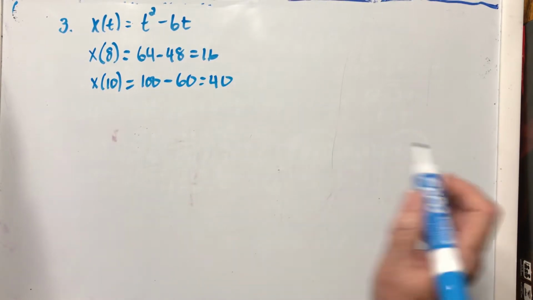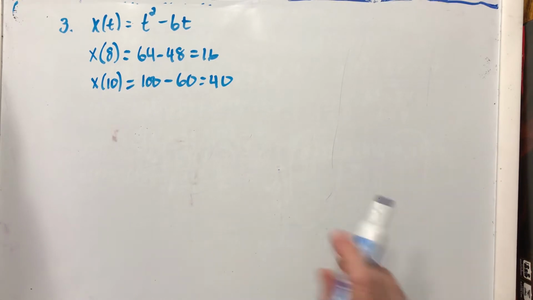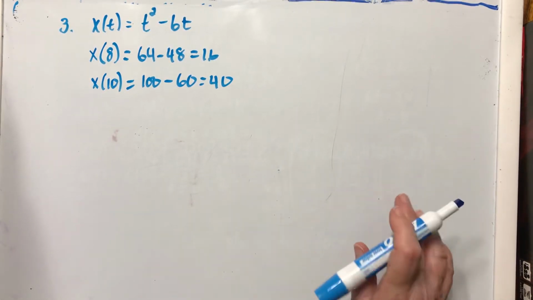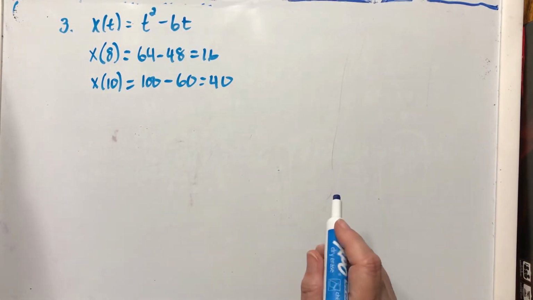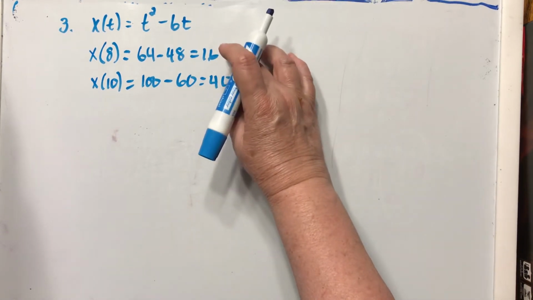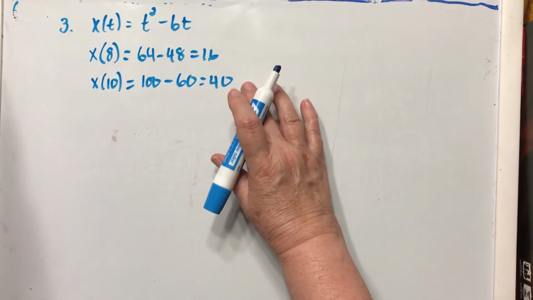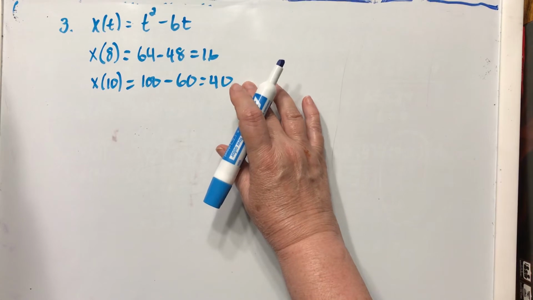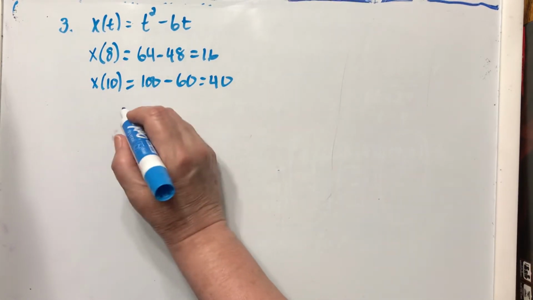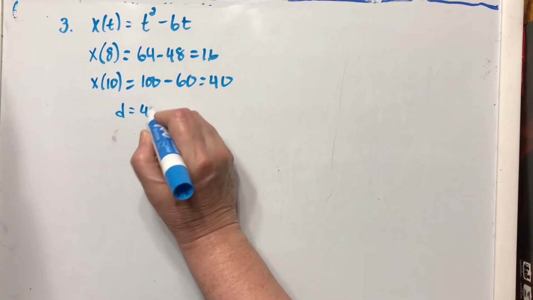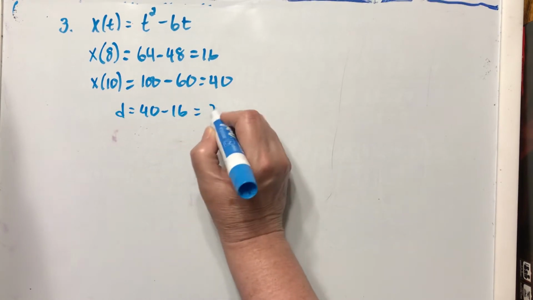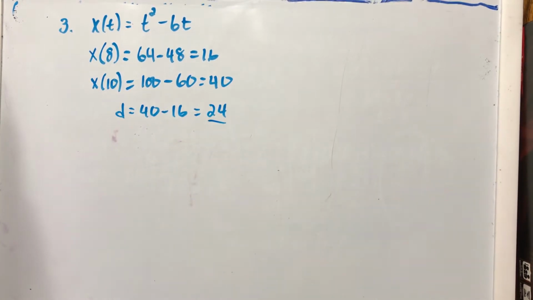So now it's sitting at 40. So possibly, and there's a reason why I'm saying possibly, it asks how far does it travel? Well, it's gone from 16 to 40. So to figure out how far it's traveled, you just take 40 minus 16 for our distance. And it looks like it's traveled 24 units.